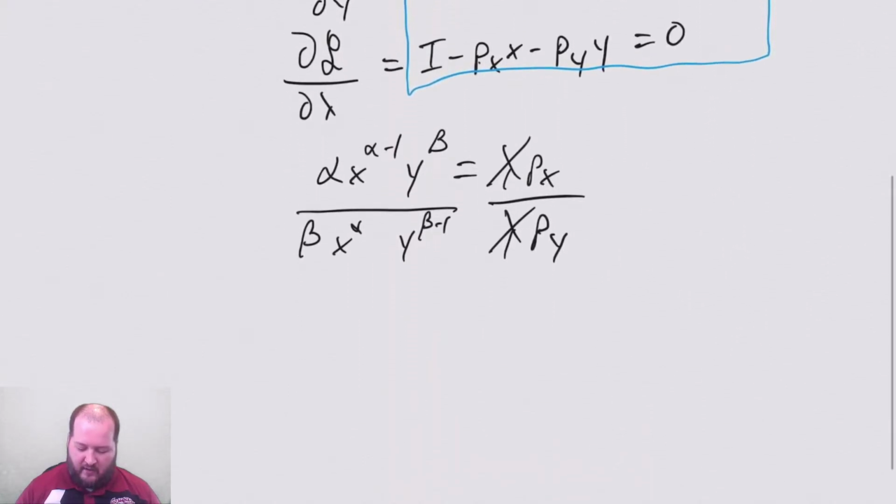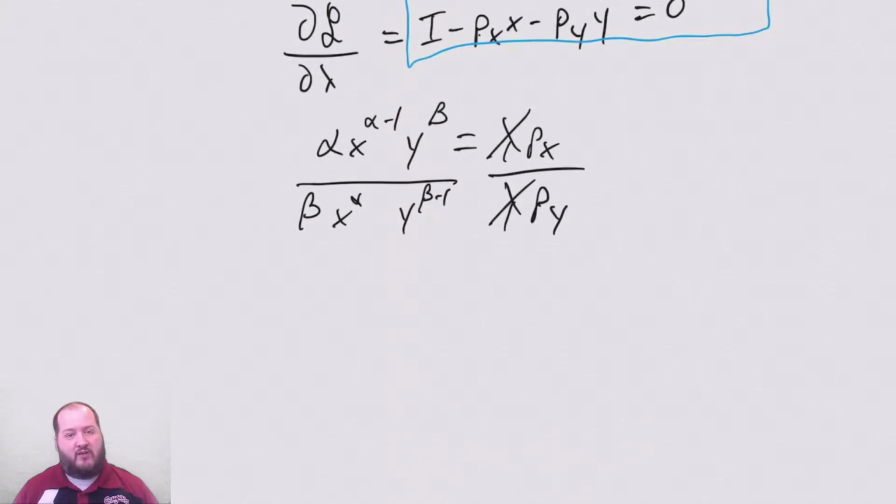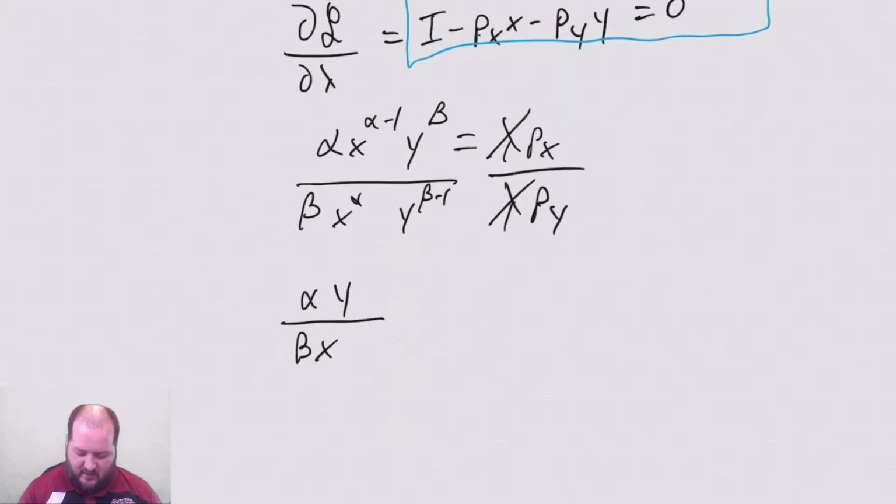And I can rearrange both of these sides. I'm going to find that my left-hand side right here is alpha Y over beta X equals PX over PY. Or, rearranging this a little bit more, I get a nice tangency condition.